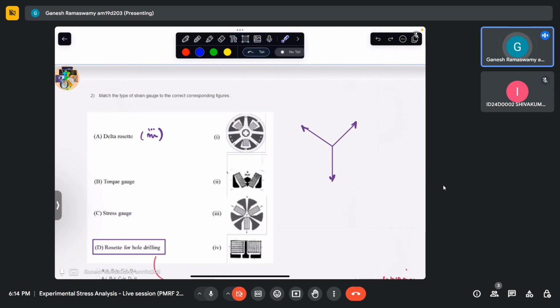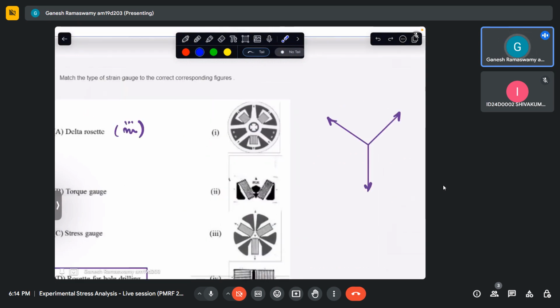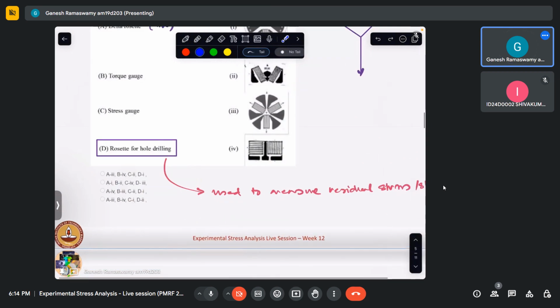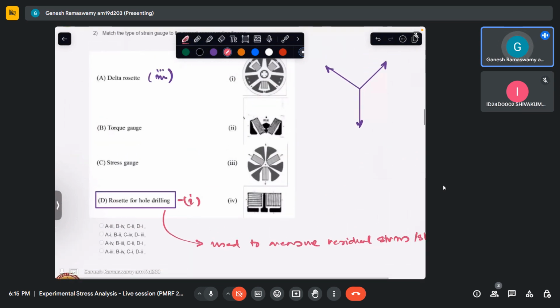And since we have to populate the strain sensor, this happens to be the ideal choice for that. And we are actually talking about measuring the strain at this point where we will be drilling the hole. So this is the gauge for measuring the residual stress by hole drilling method. So we have map 2.